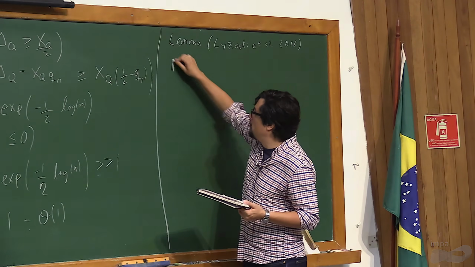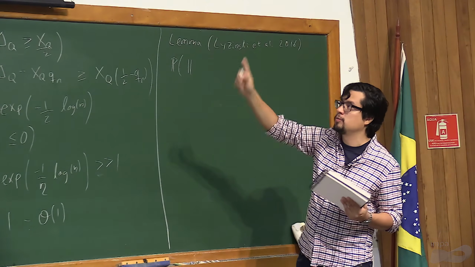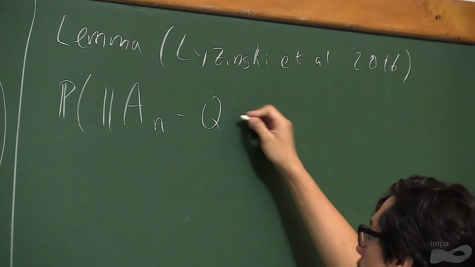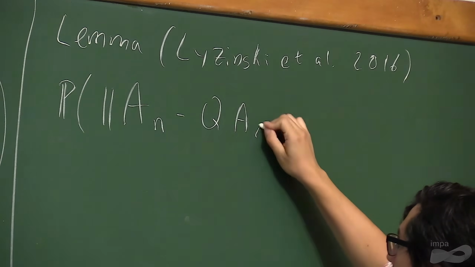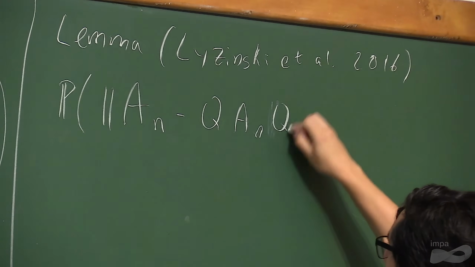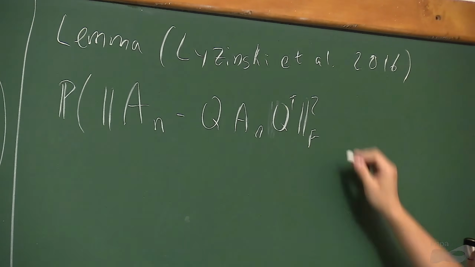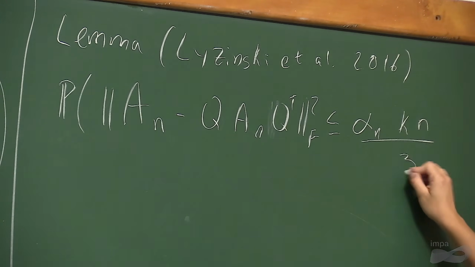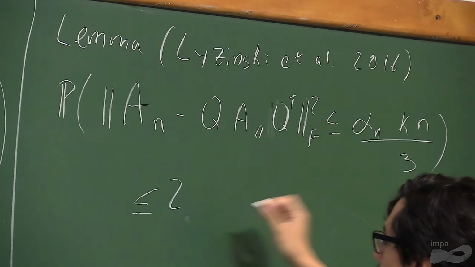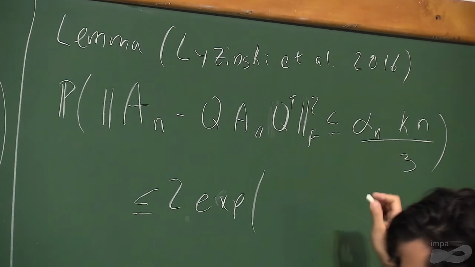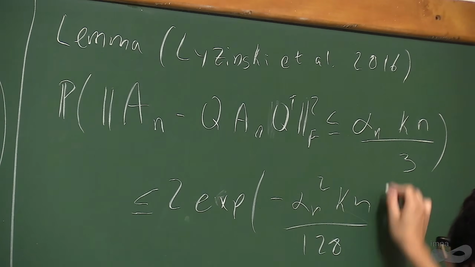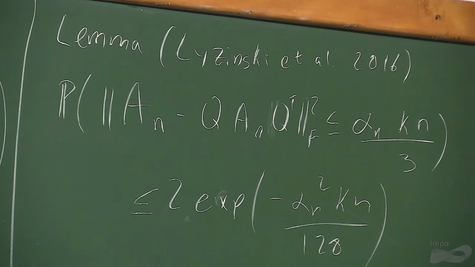Basically, this lemma says that for the inhomogeneous Erdős-Rényi model with exactly those conditions, P bounded away from 0 and 1 with some parameter alpha n, the probability that A minus a permuted version of itself is less or equal than alpha n times k times n over 3 is upper bounded by 2 times exponential of negative alpha n squared k n over 120, right? For n sufficiently large.